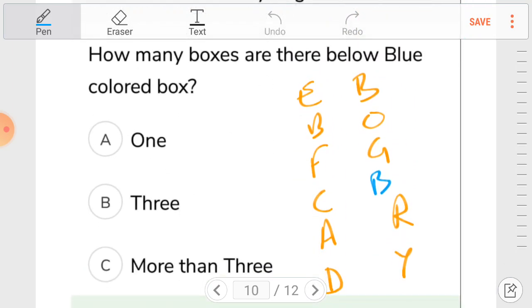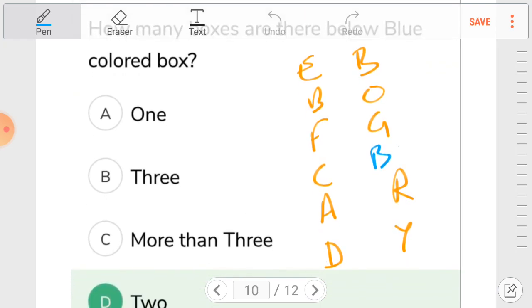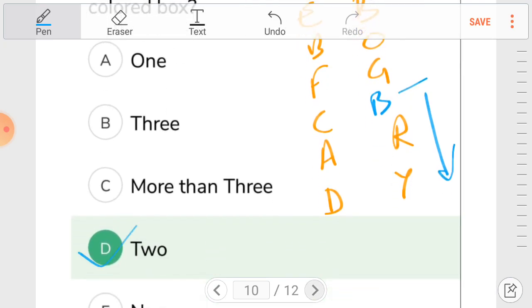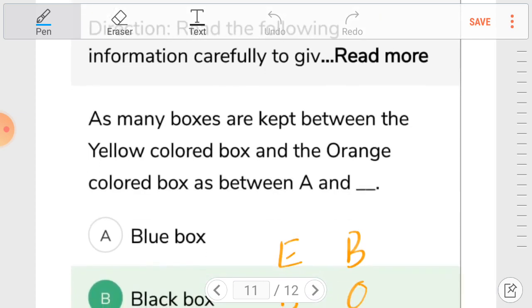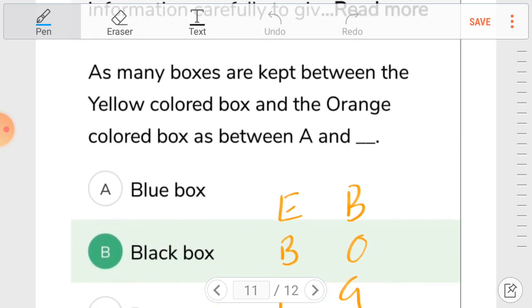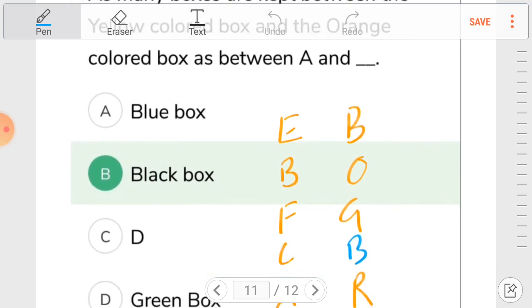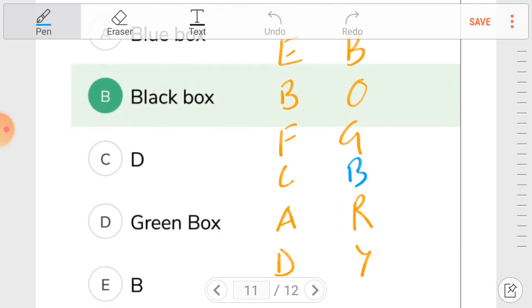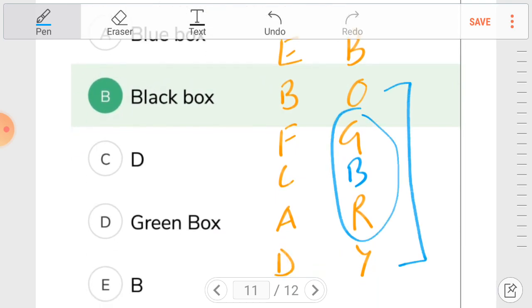How many boxes are there below the blue color box? So this is the blue color box. There are two boxes. As many boxes are kept between the yellow color box and the orange color box as between A and what? Between yellow and orange there are three boxes.